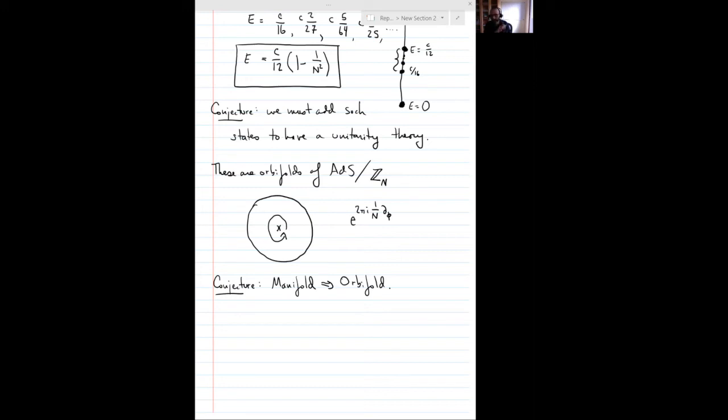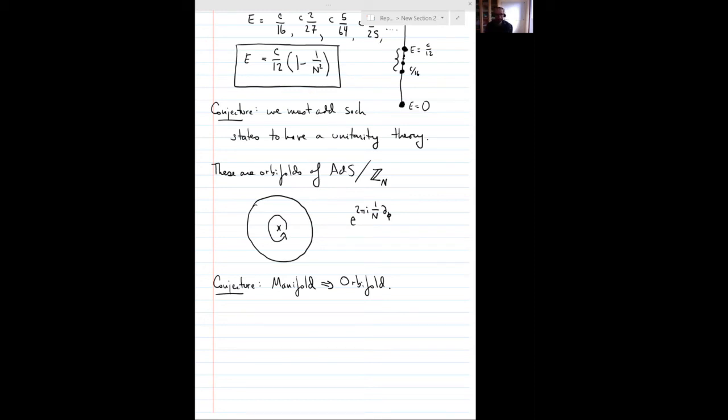Let me make one final set of observations, which you might think of as additional evidence for this. One observation is that you can actually compute the quantum corrections around these orbifold geometries. You can include them in the sum over geometries, and you get a surprisingly interesting answer.